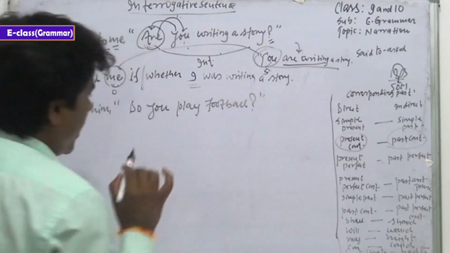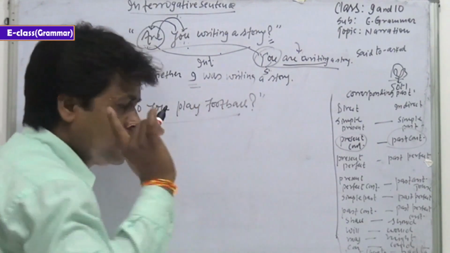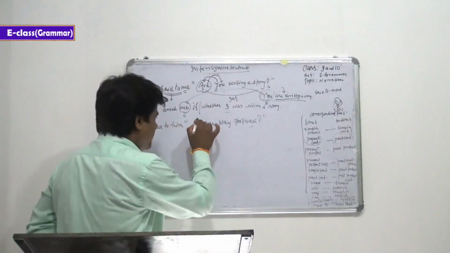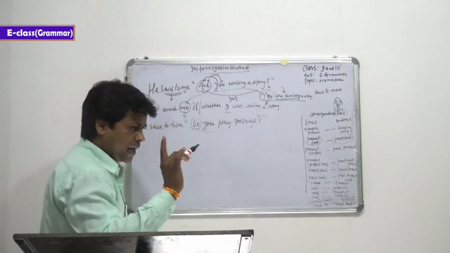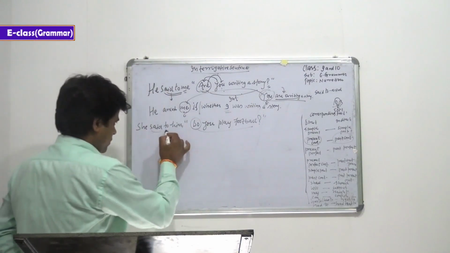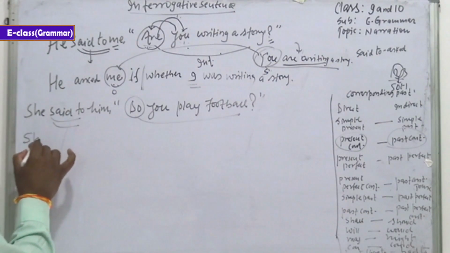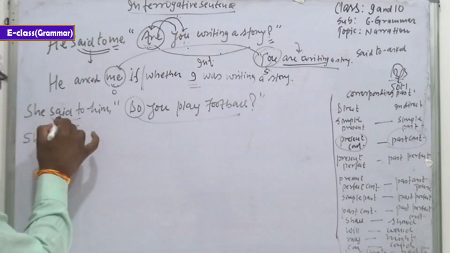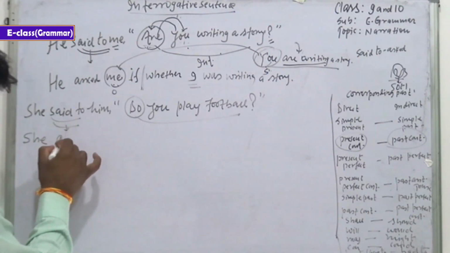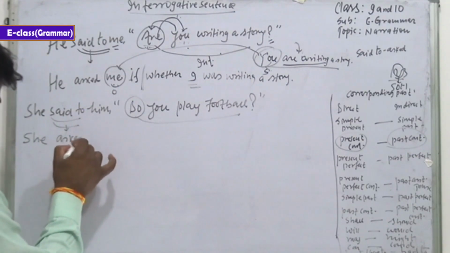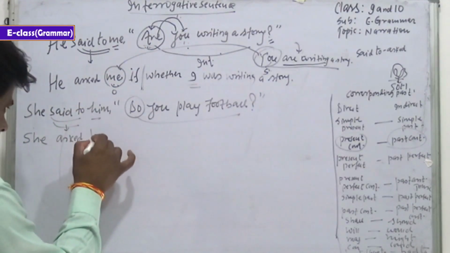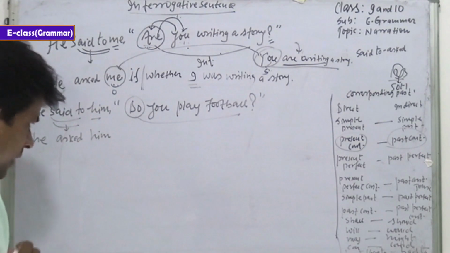See here. Again say, which sentence is this? Interrogative, beginning with an auxiliary verb. So, what is this reporting verb changed into? Asked. So, she, the speaker, said to is changed into asked. Him is the listener, the object.